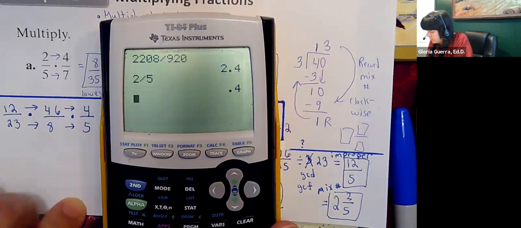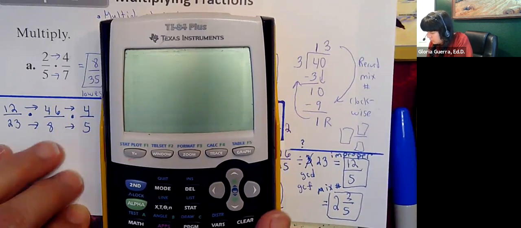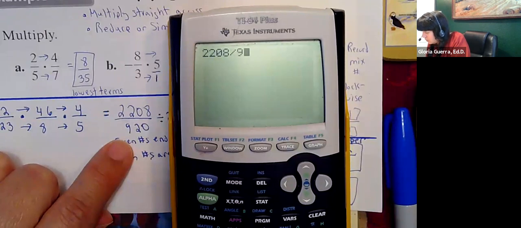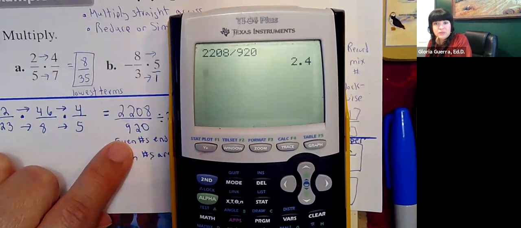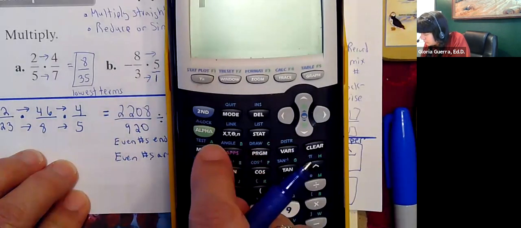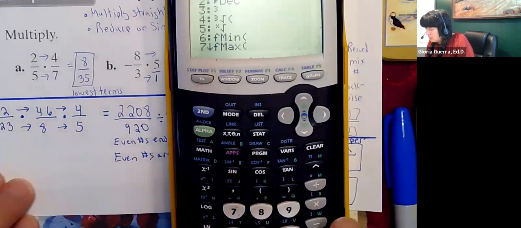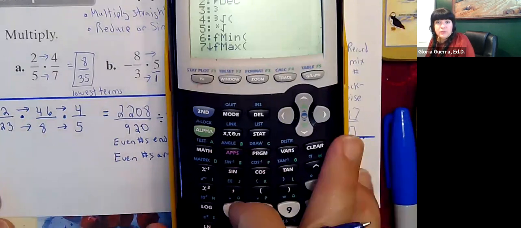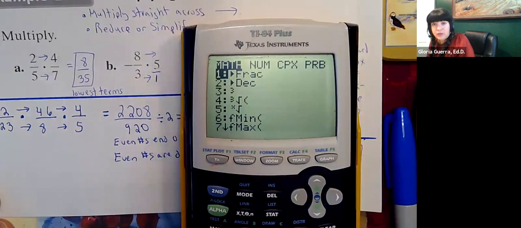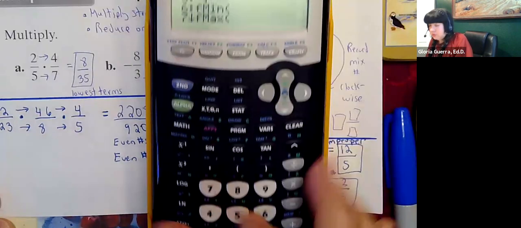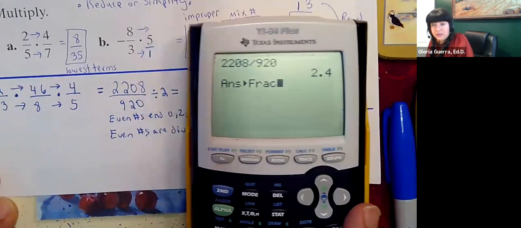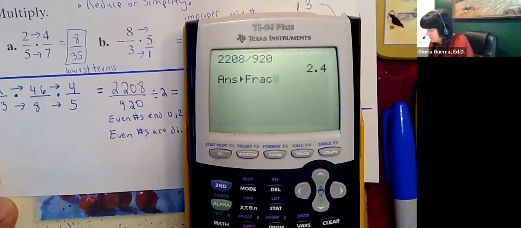Okay. So if I go back and do 2,208 divided by 920, and I get the decimal equivalency, and then I hit my math button, and then I hit that frac, see right there, frac. So I just hit enter on the calculator, and then hit enter again.